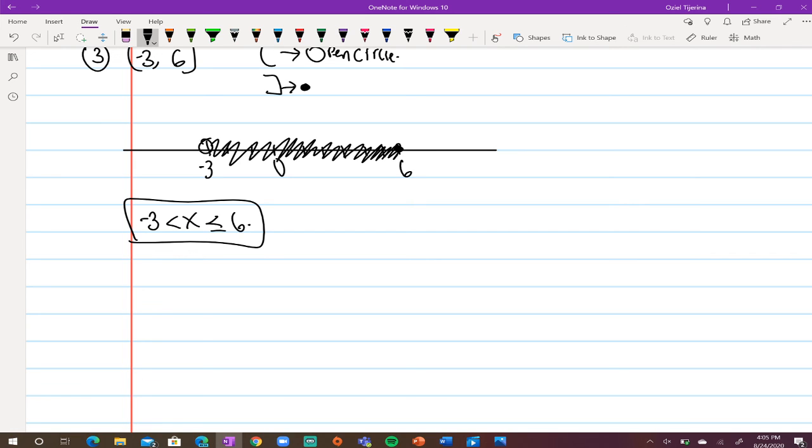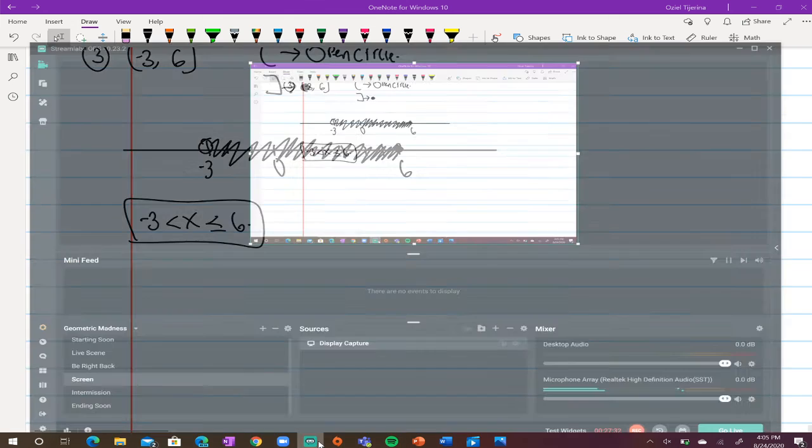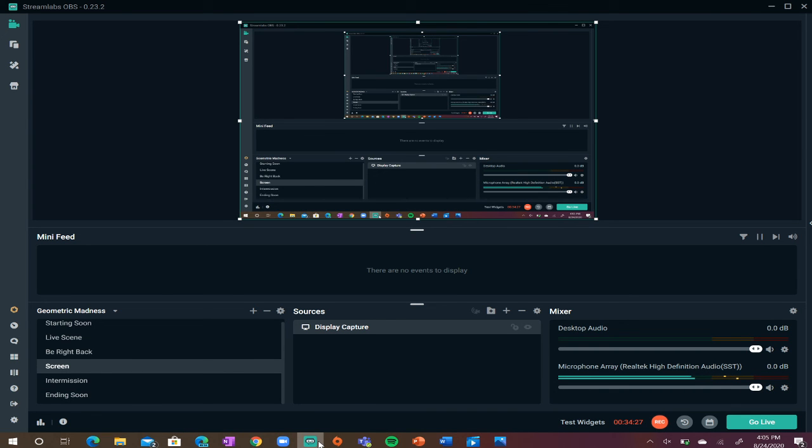I don't want to do compound inequalities on this one because it's going to be too much. If you guys have any questions, please let me know down below. In the next video, we're going to be doing compound inequalities. That's where you include linear equations in your inequality, basically, in your interval.